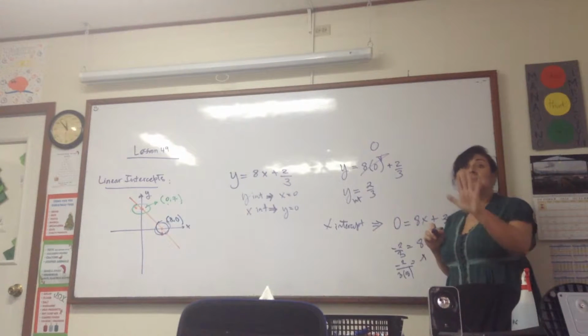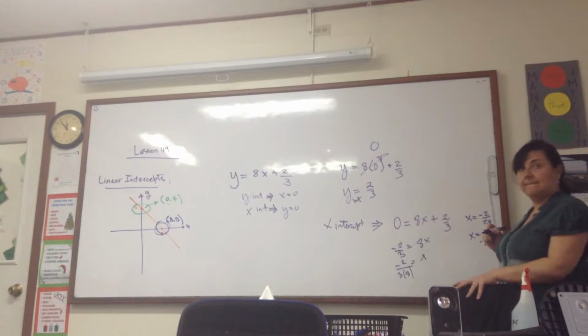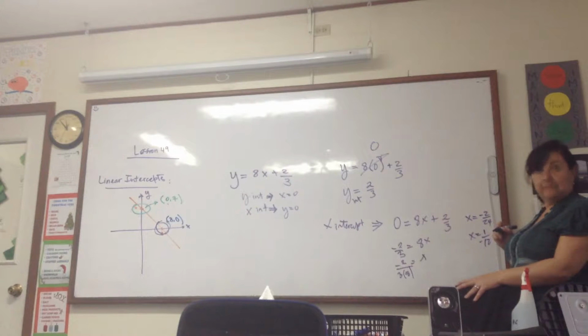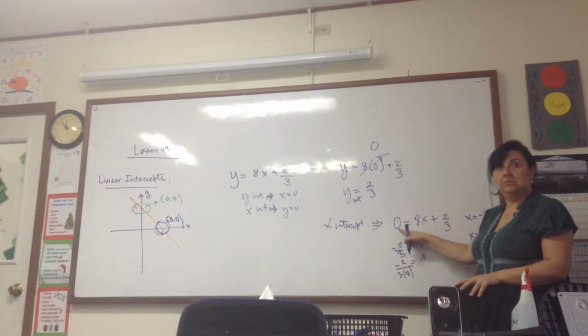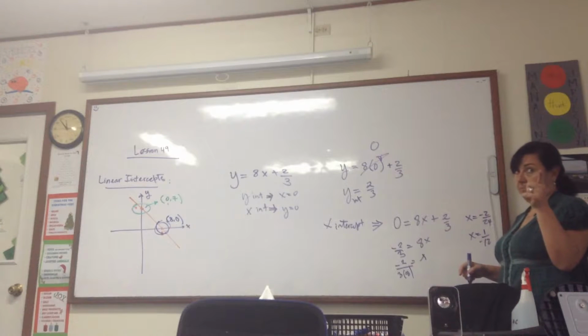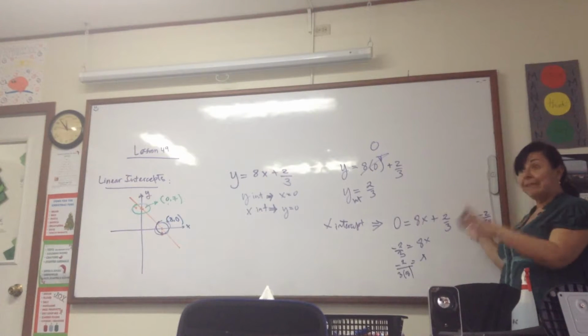In the top where you put x-intercept, arrow, 0 equals 8x plus 2/3, wouldn't it be x-intercept is y equals 0? Yes, y is 0. Is everybody following me?